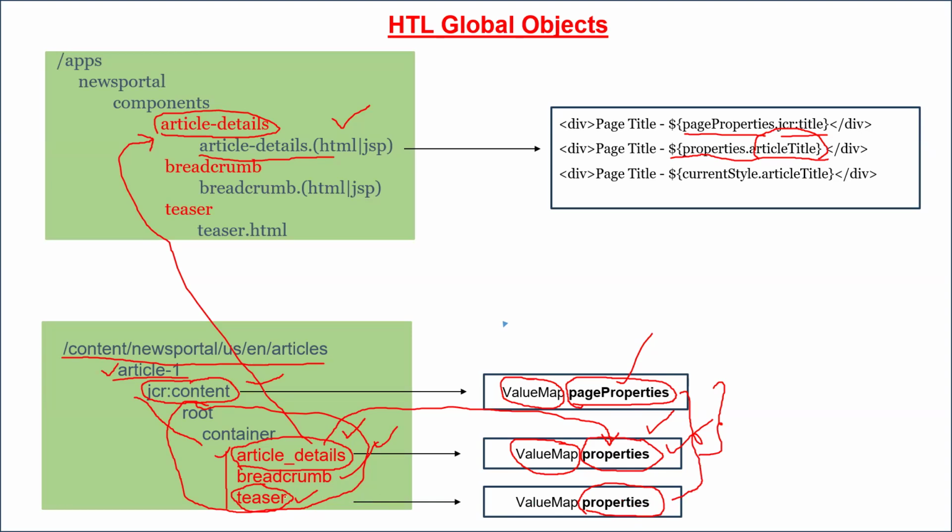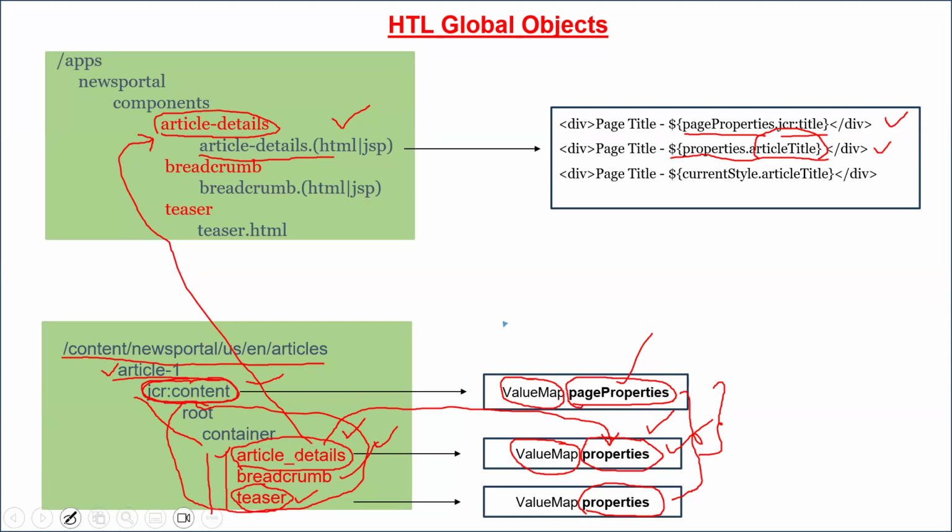The properties is a value map implementation, and it contains all the properties of this node. So we can directly access properties inside your component, either by using page properties or properties. Page properties means page level properties, which are stored in the JCR content node of the page. So these properties are available to all these components. And properties means current content node properties.